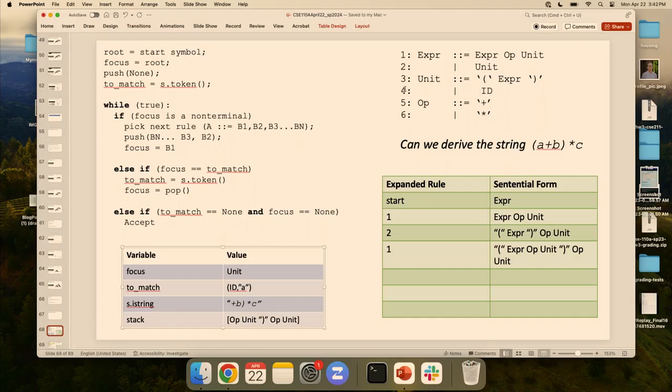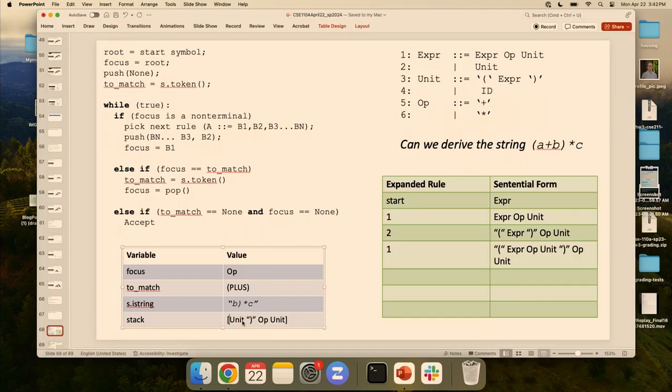So we pick rule number 4. That gives us an ID here. Once we get that ID, we can match that, get our next token, which is a plus. Chop that one off. And then we get to pop from our stack, which means we're an op up here.